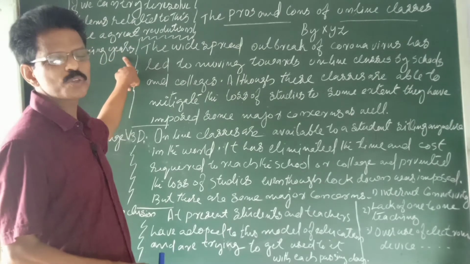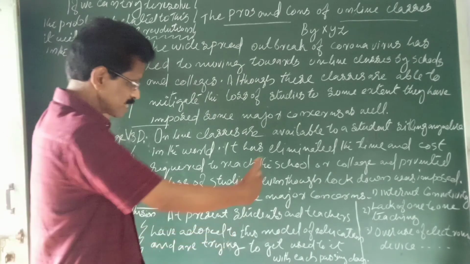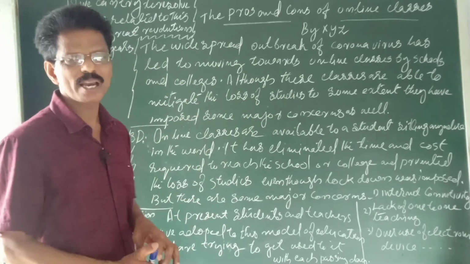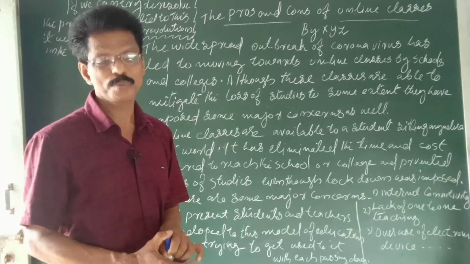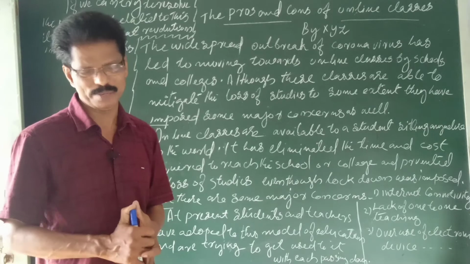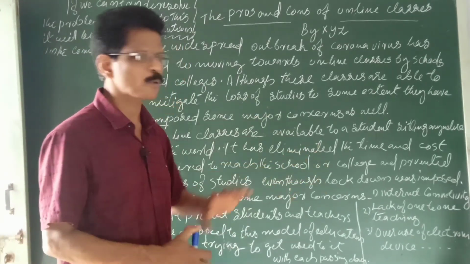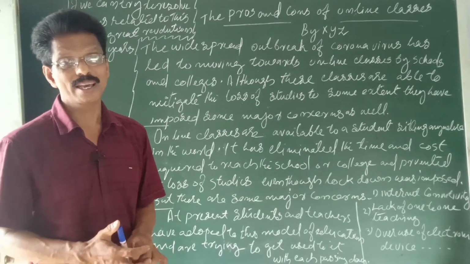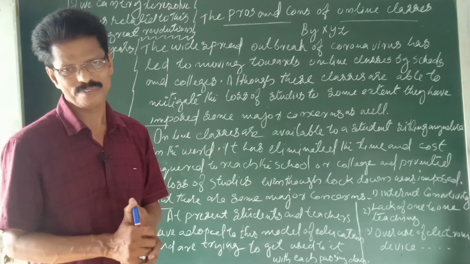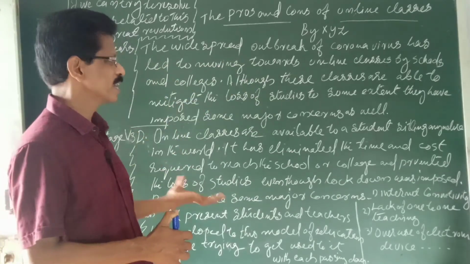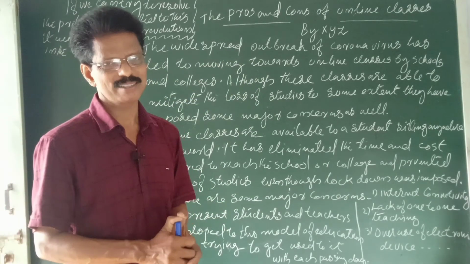Ending with a positive note. Though there are some demerits, it is going to be a great revolution, because we are getting accustomed to it, we are getting used to it. If we can solve the problems, it is going to be a great revolution. I hope it is clear to you. In this way, you have to write an article. This is what article writing is.